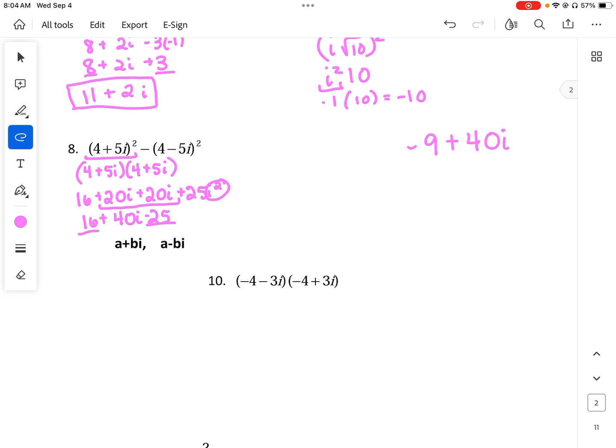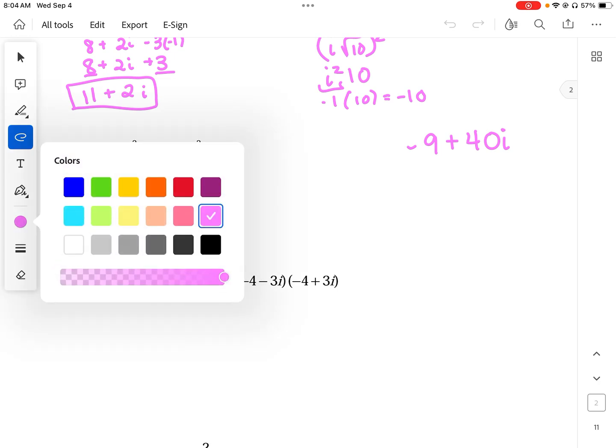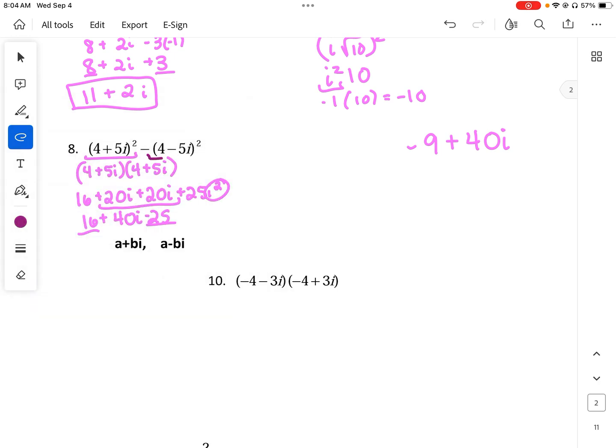Okay, so we just did that part. Now we have to do this other part right here. So it's going to be minus, parenthesis, 4 minus 5i times 4 minus 5i. Similar, all right?